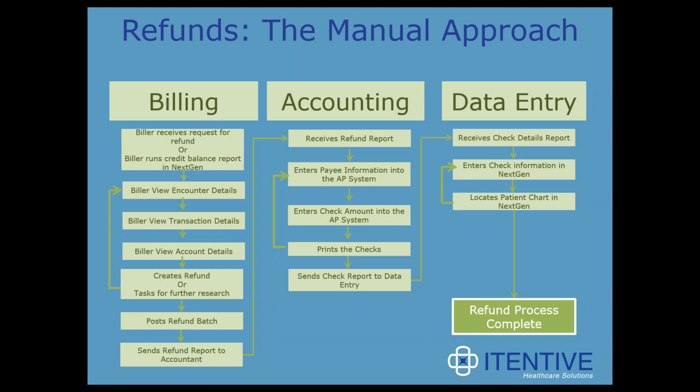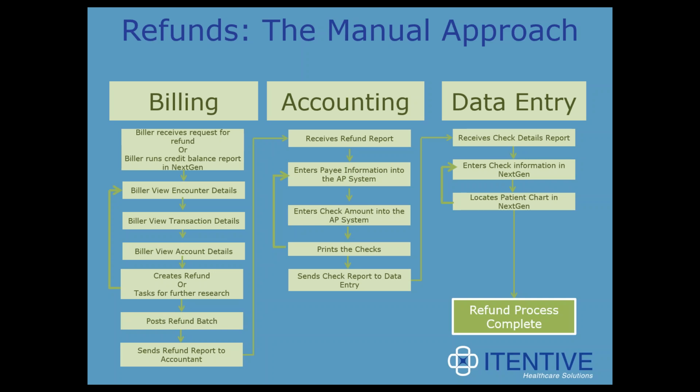In a proactive manner, you are printing off a report and periodically going through that report to process the credit balances. You might be doing it on a weekly basis, every couple weeks, or once a month.